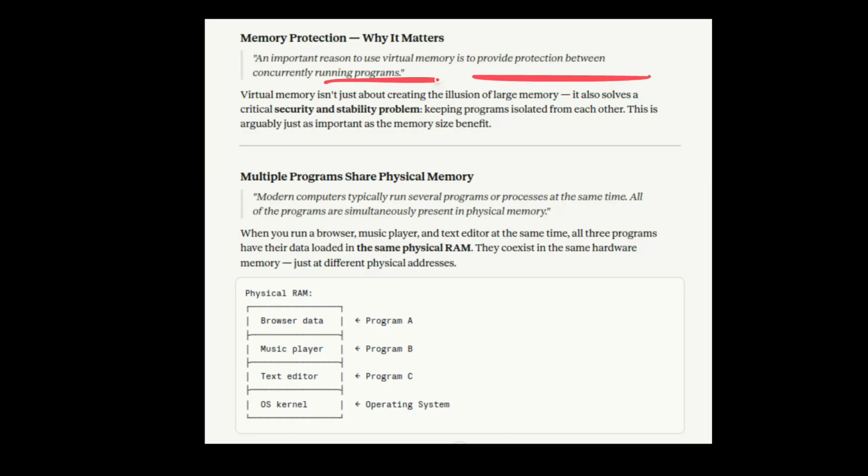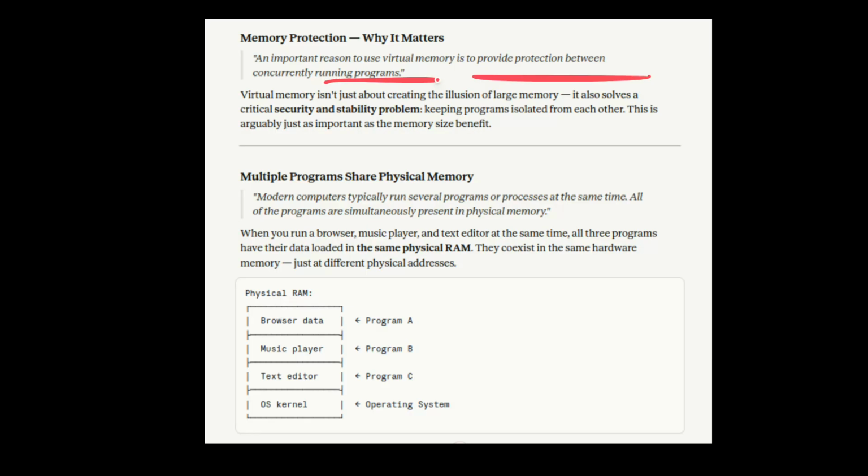So virtual memory isn't just about creating an illusion of large memory. It also solves a critical security and stability problem, keeping programs isolated from each other. This is arguably just as important as the memory size benefit. Apart from this, it helps in protection of our memory, helping multiple programs run concurrently.